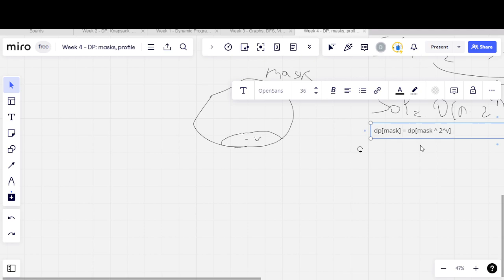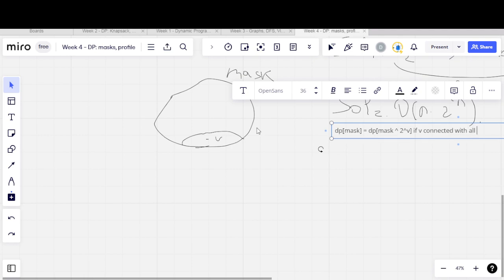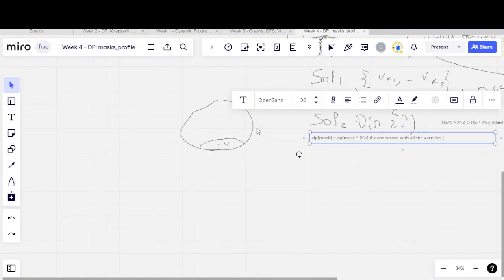We just take this vertex if it is connected with all the vertices in the mask, with all the vertices in mask XOR 2 to the power of v. It's XOR.